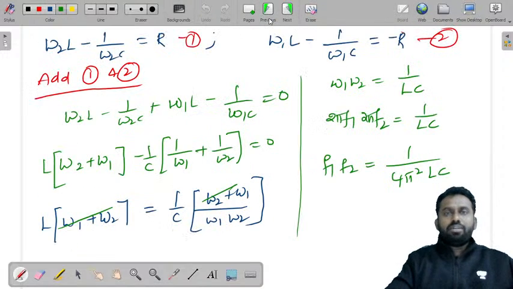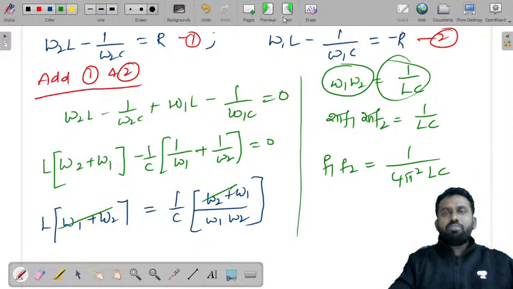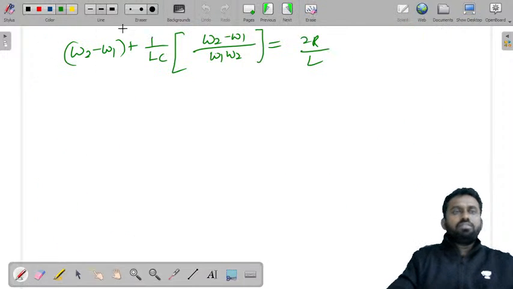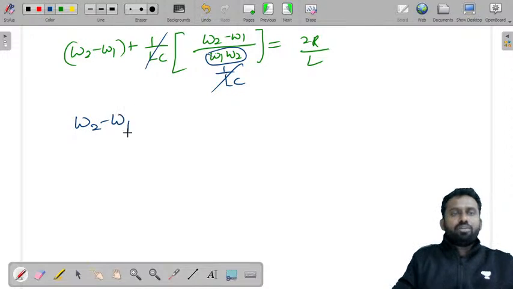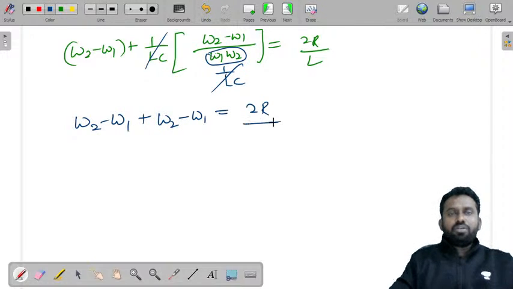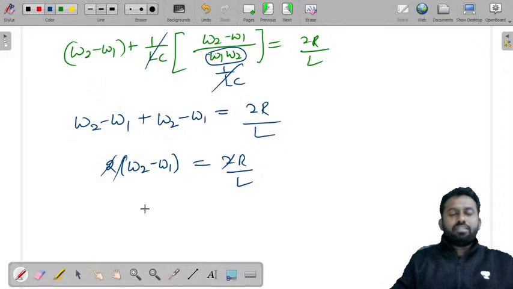But you know omega 1 into omega 2 is equal to, you can just see here, 1 by LC. So you can replace this by 1 by LC and you can cancel these two. Therefore omega 2 minus omega 1 plus omega 2 minus omega 1 is equal to 2R by L. So 2 into (omega 2 minus omega 1) is equal to 2R by L. You can cancel this.